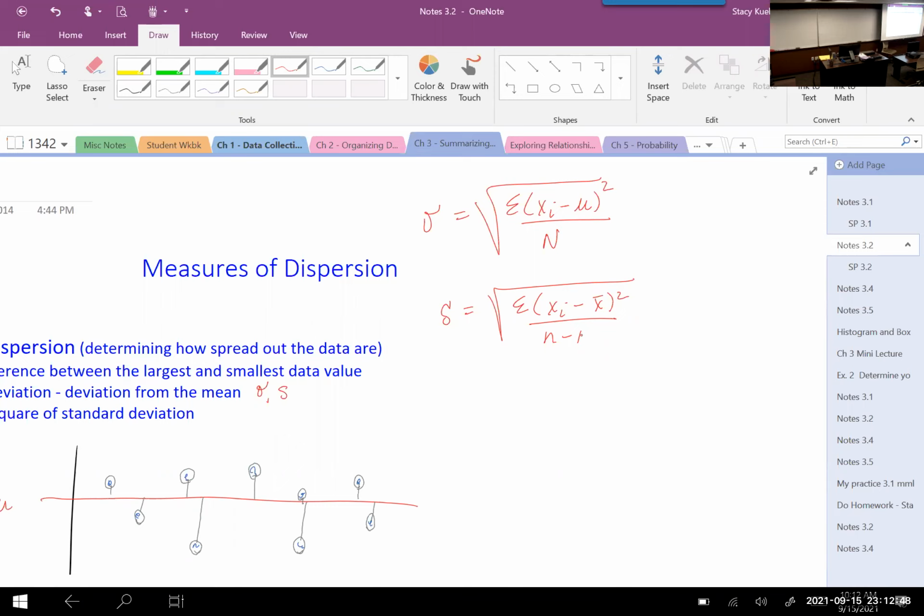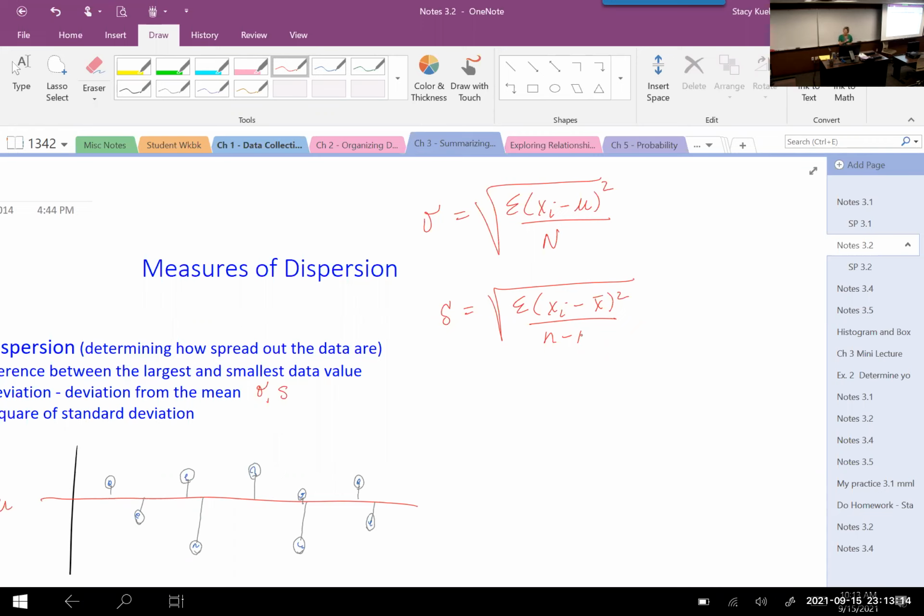Because that's how we're calculating the standard deviation. So if the part of it that we're using to calculate the formula is easily moved by these large or small values, then the standard deviation is going to be equally influenced by very large or very small numbers. So the standard deviation is not resistant to outliers or large or small data.